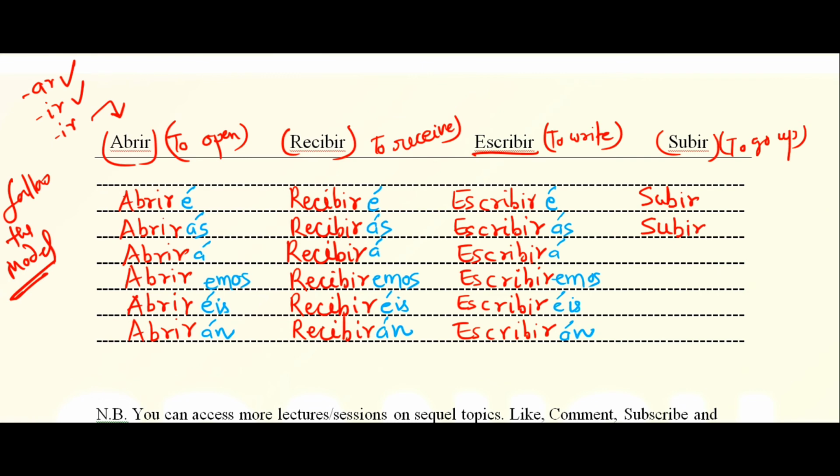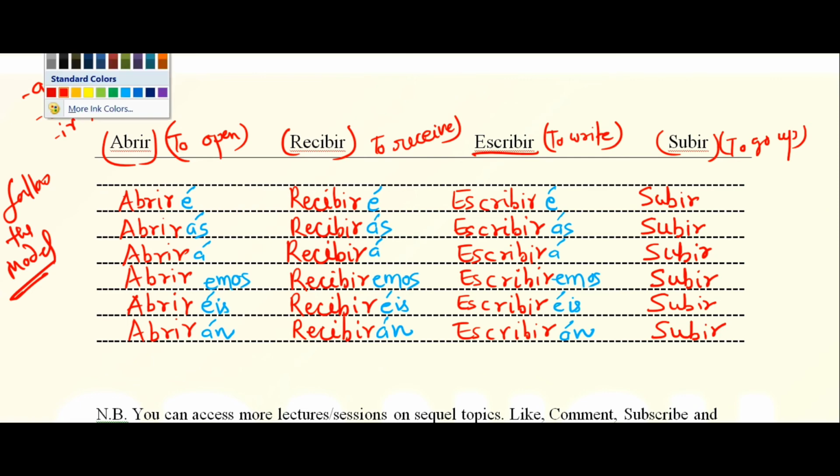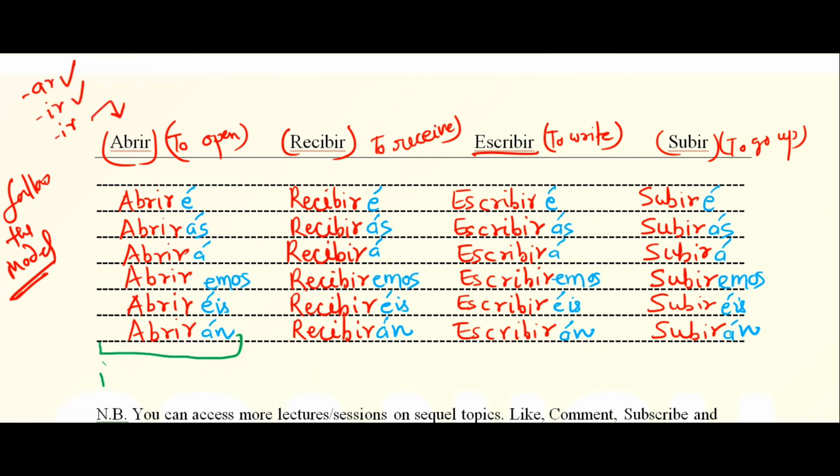Infinitive form of the verb, that means you copy the verb 6 times, original form of the verb, and add suffixes. A, as, a, emos, eis, an. So these 4 examples for IR are done.